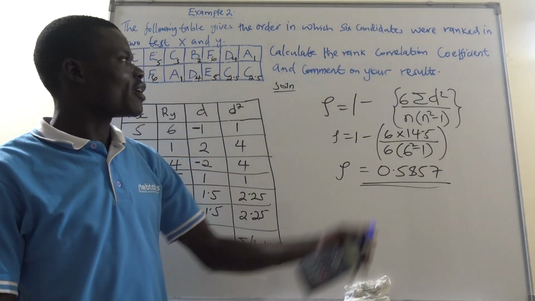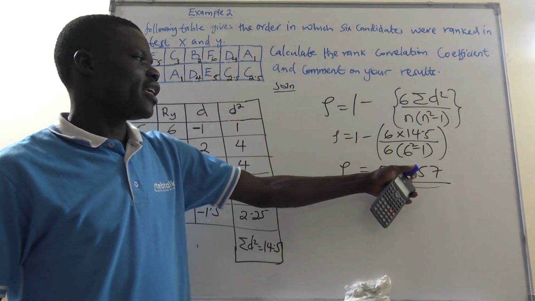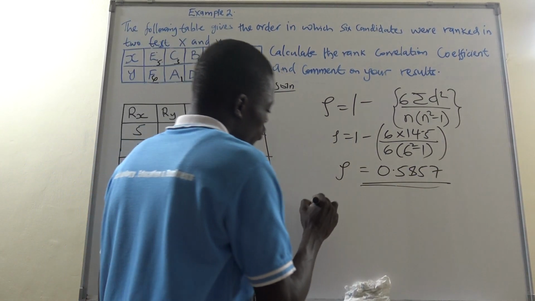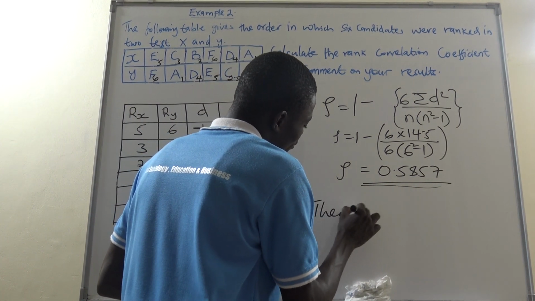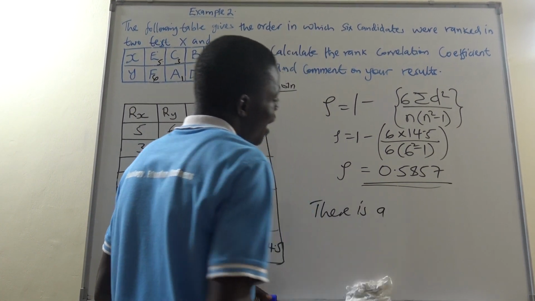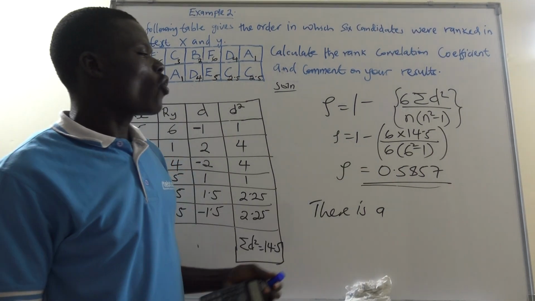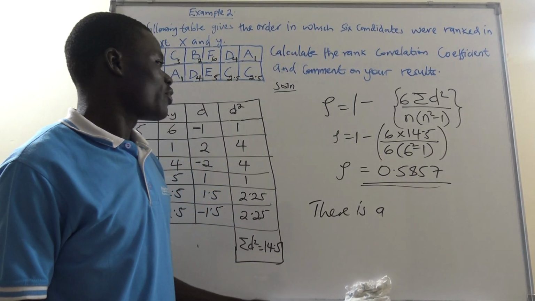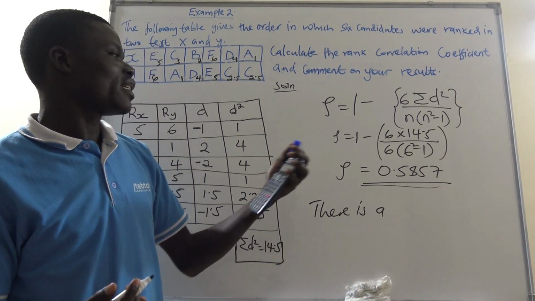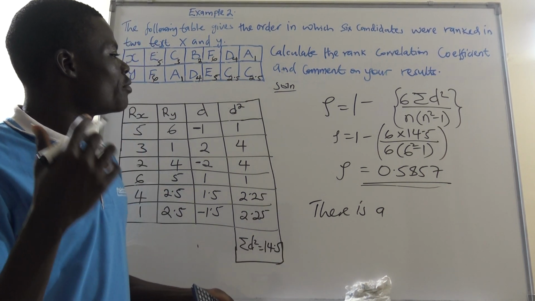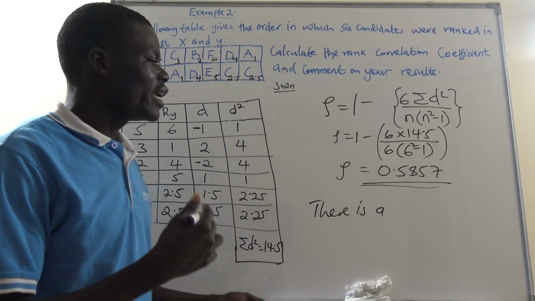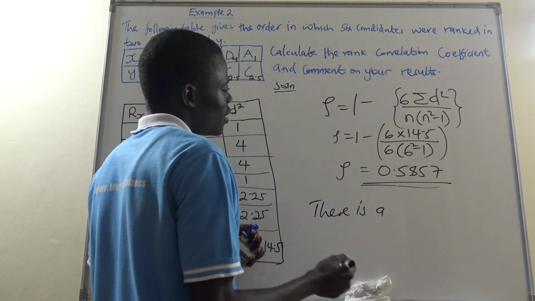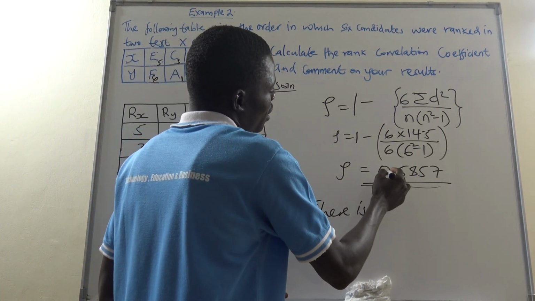So when they say that you comment on your results, it is this working we are going to comment on. You go back to your table and see where this value lies. Which correlation is it giving me? Remember, we said this correlation is moderate.